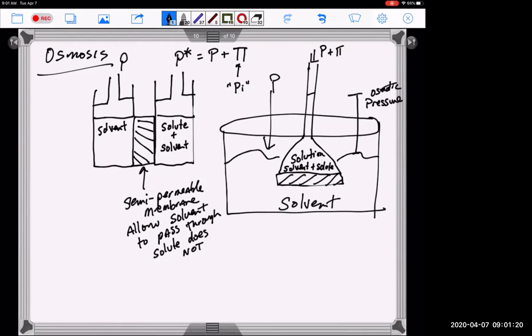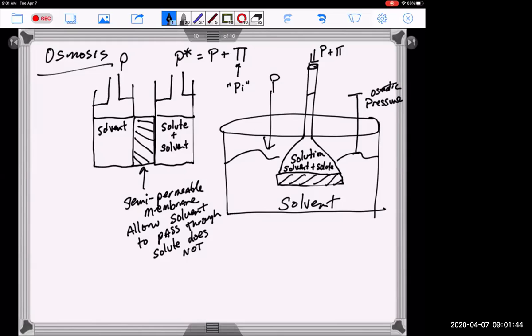So osmotic pressure is going to be this difference, right? This difference in height between the solvent liquid height and the solution. Remember, if we just had pure solvent in both of these, the pressures would be equal, right? So if this is open, they would equalize, but they're not equal.